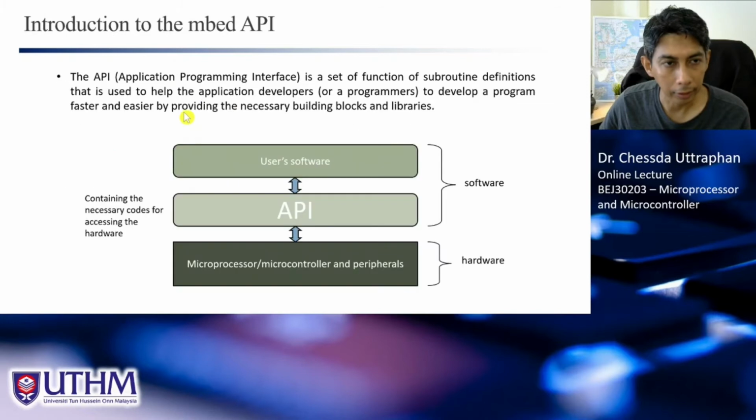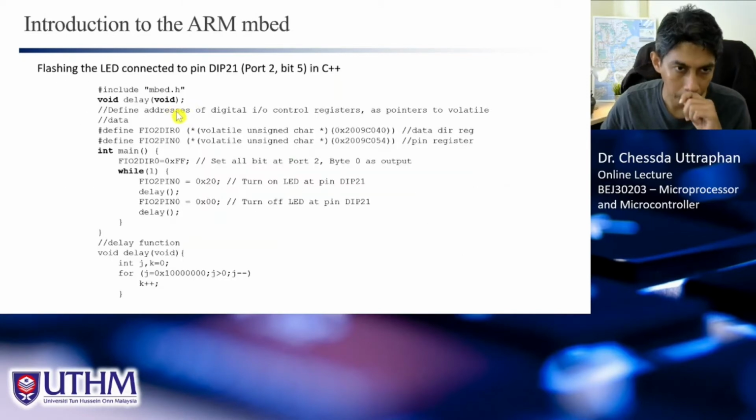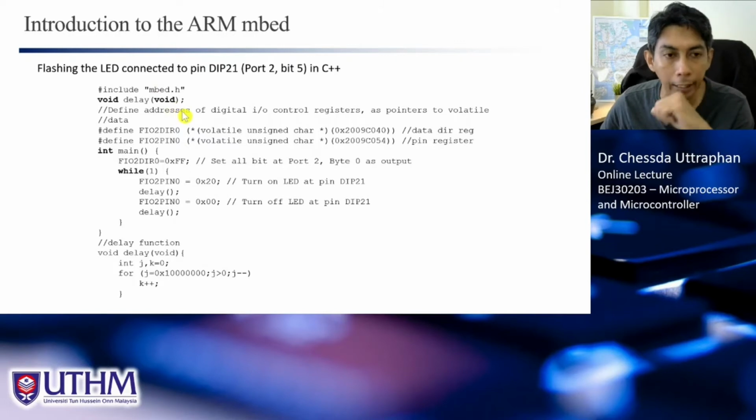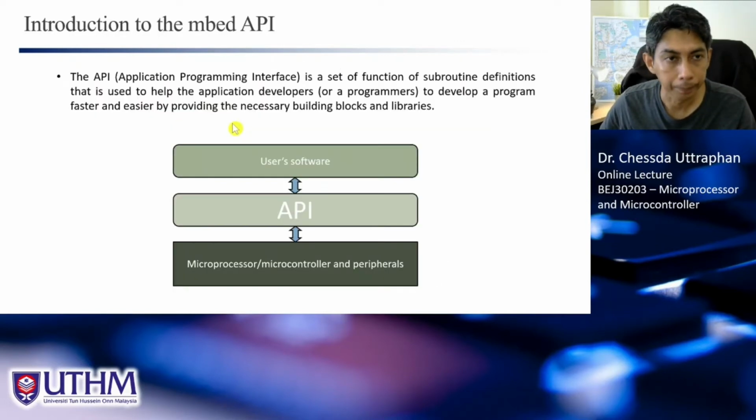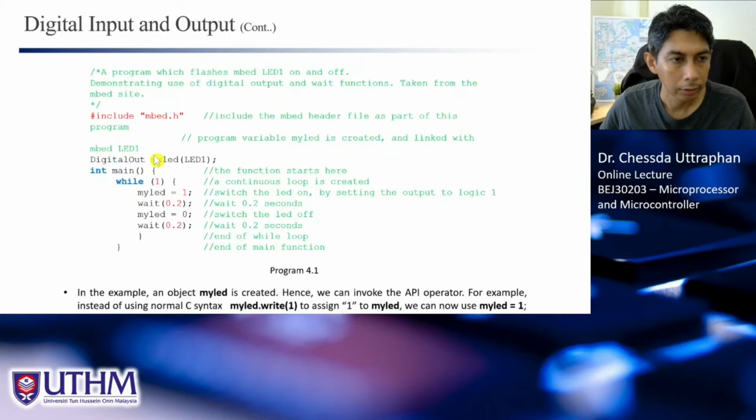In the previous example, we flashed the LED, which means that one is a digital output. So this is the function that we will use, digital out, and this is the program that is used to flash the LED.